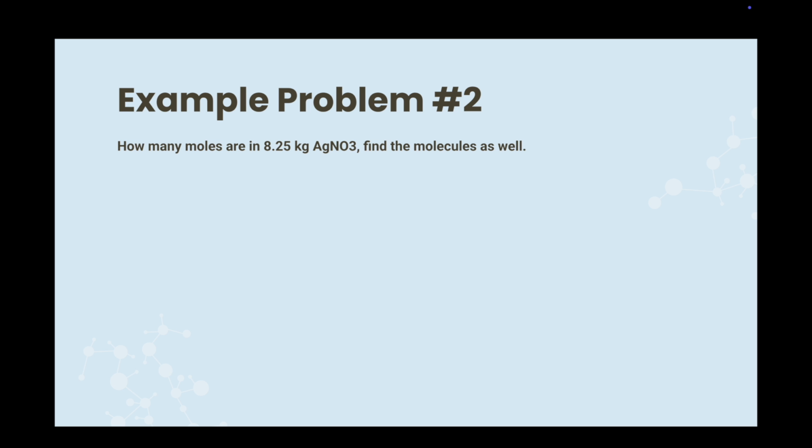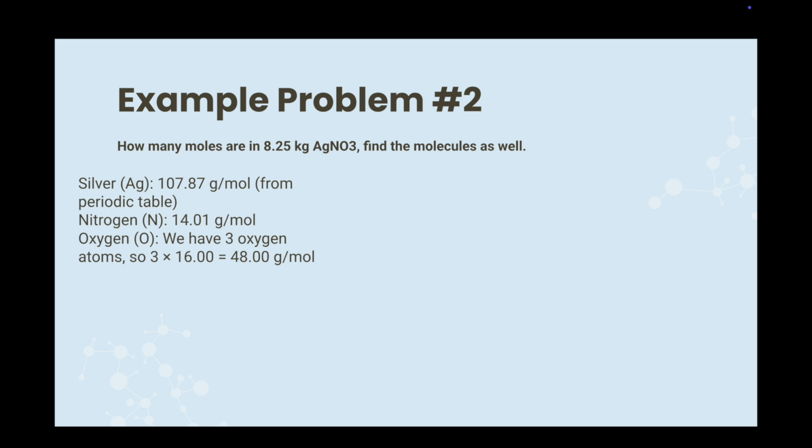Okay, now step 1, we need to calculate the molar mass of AgNO3. We need to find the molar mass first, so let's break down silver nitrate. Silver, or Ag, is 107.87 grams per mole. Remember, I'm taking all of this molar mass from the AMU, which is under the element symbol.